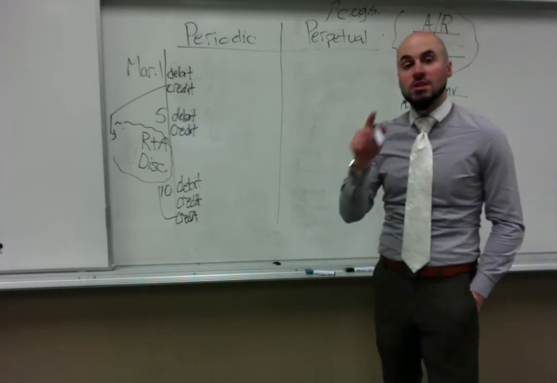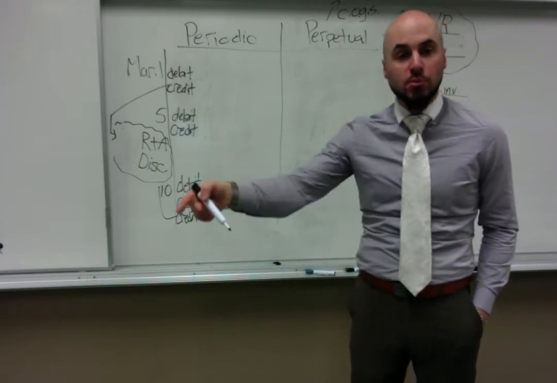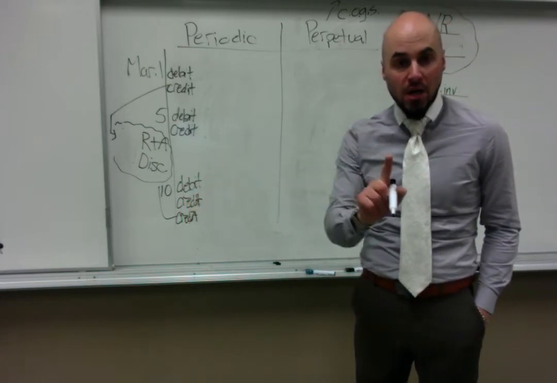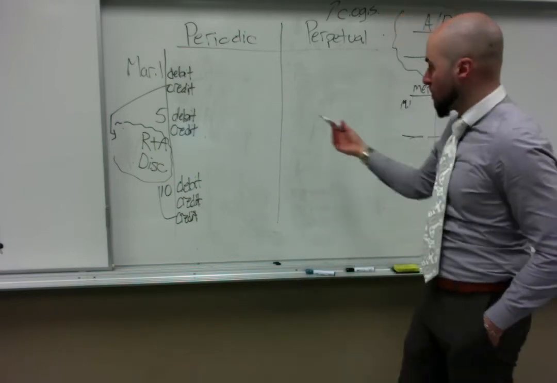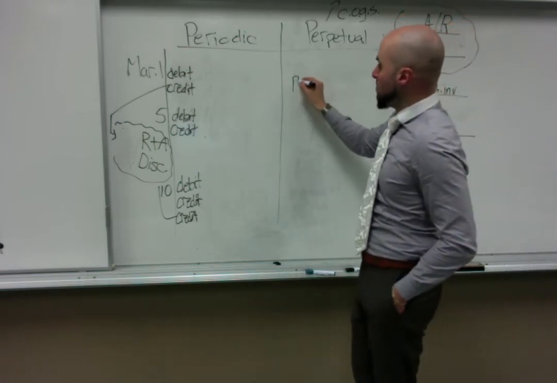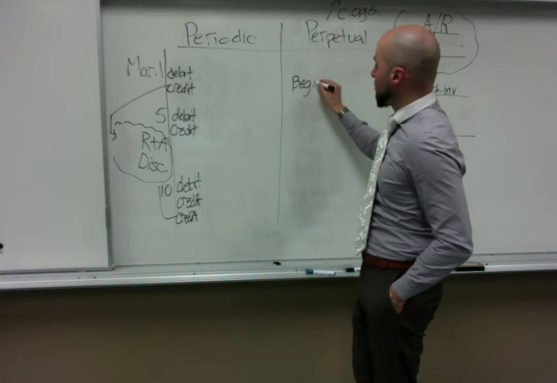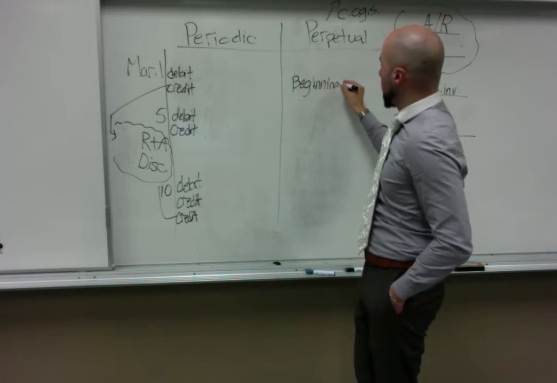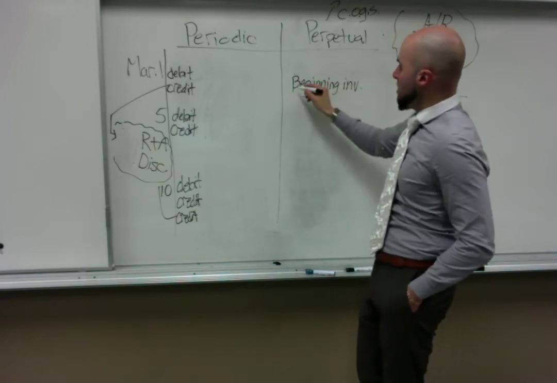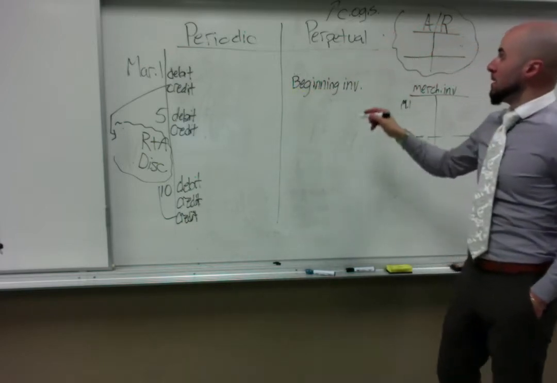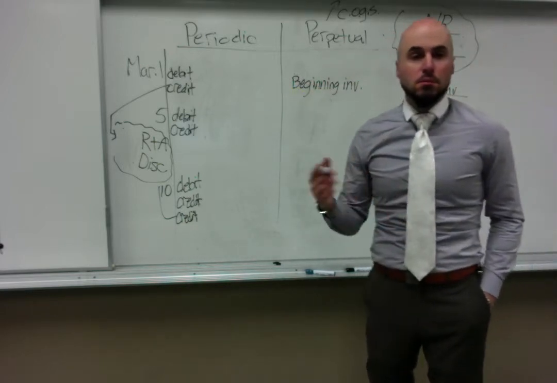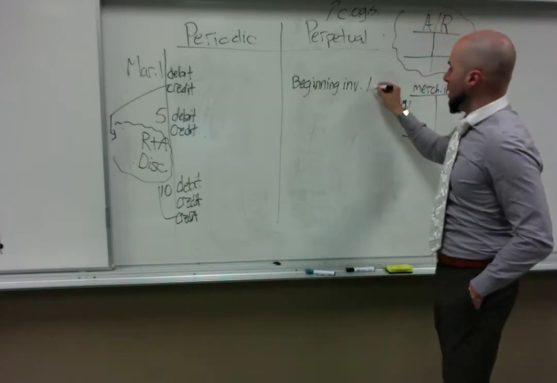And let's say that cost of goods sold amount is not provided to you. That means you're going to have to calculate it. And how do you calculate it? Like this. We take beginning inventory, beginning INV, let's say it's $100.